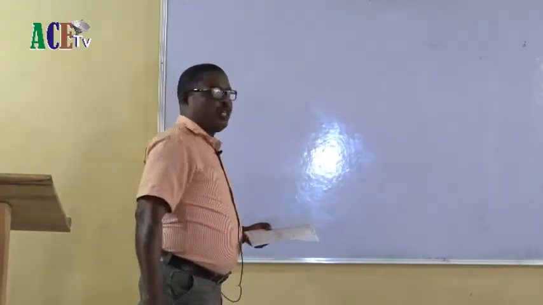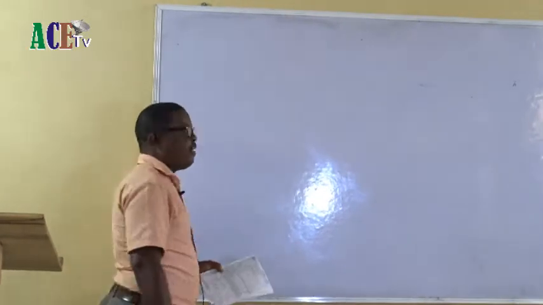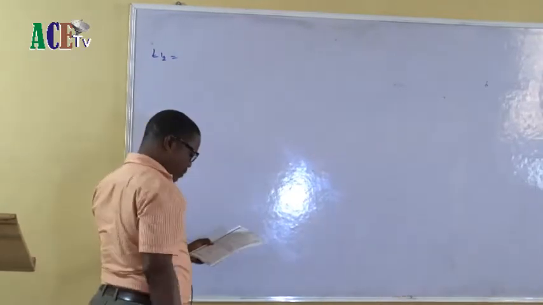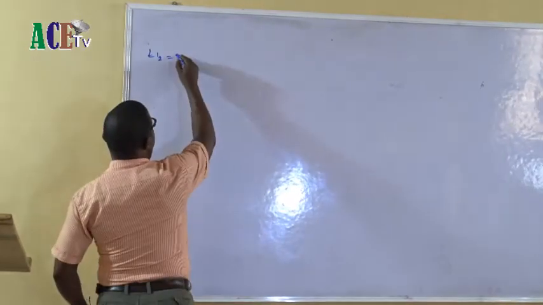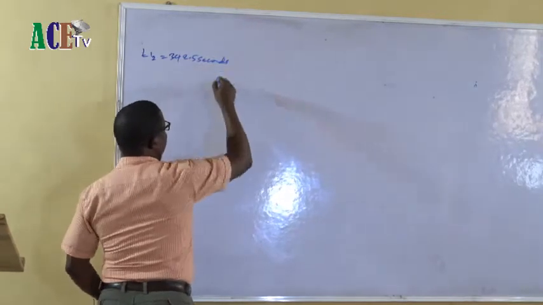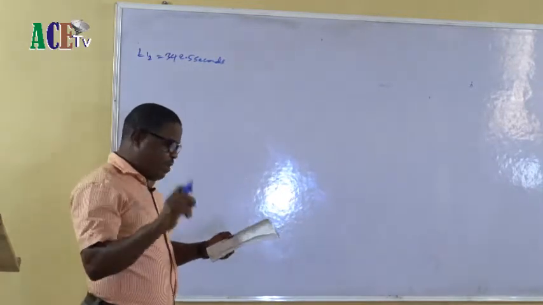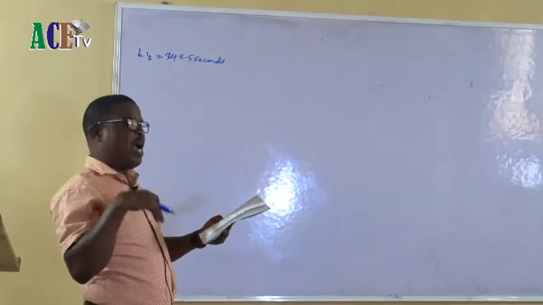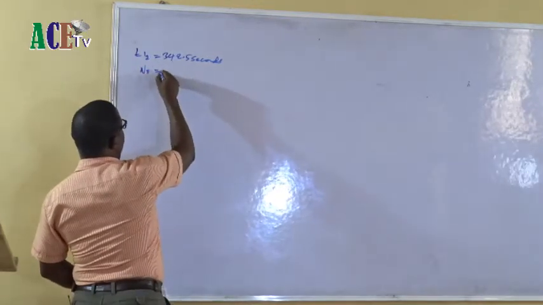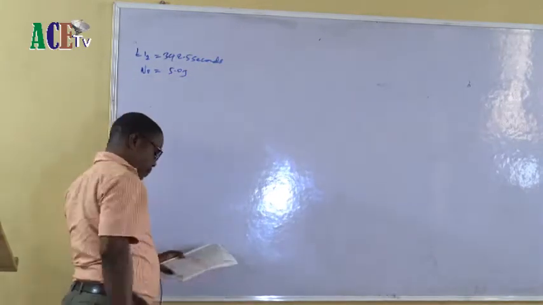Now, looking at this question, we are given the half-life. T half is equal to 342.5 seconds. 5.0 gram of the element weighed out at the beginning, that means our N0 is equal to 5.0 gram.